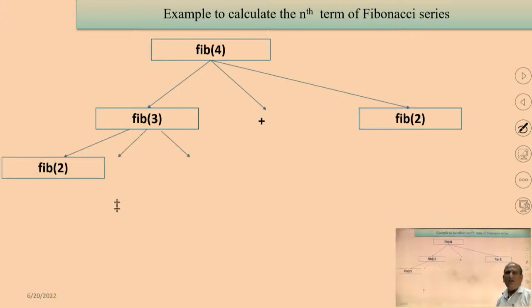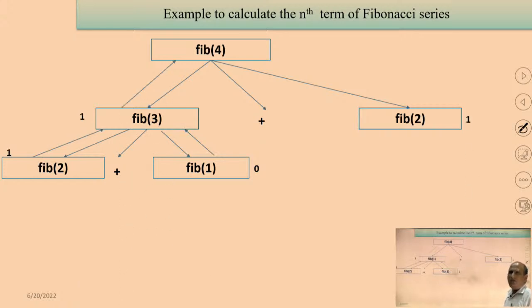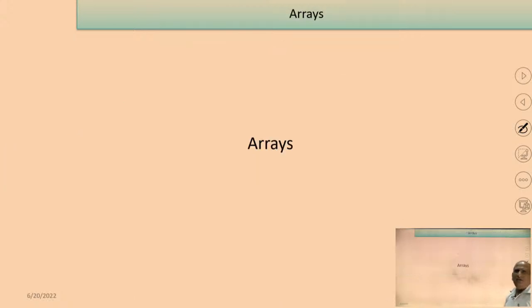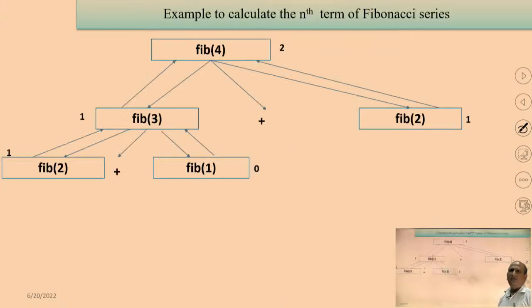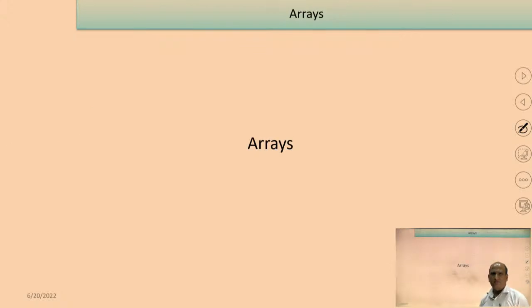Fib 3 will call fib 2 plus fib 1, and we all know that the value of fib 2 is 1 and the value of fib 1 is 0, so 0 plus 1 will be returned as 1, and fib 2 will return 1. This way the Fibonacci series is being printed.